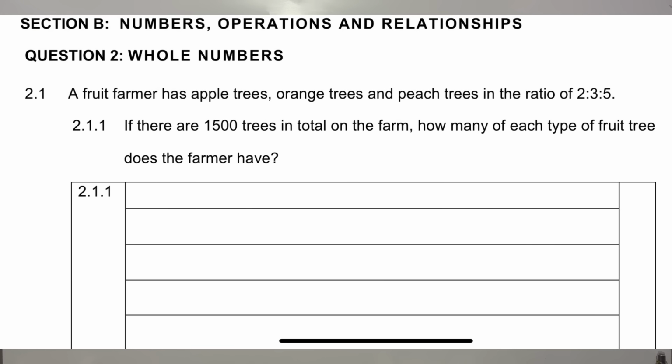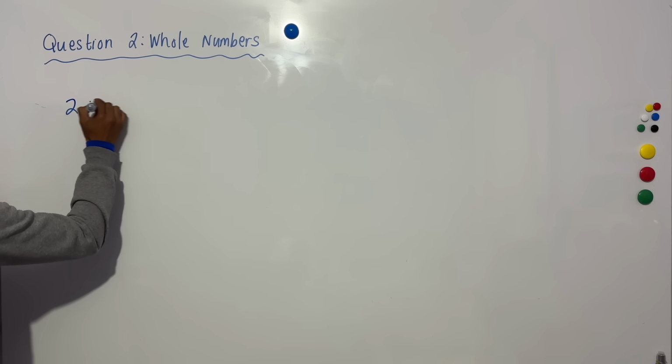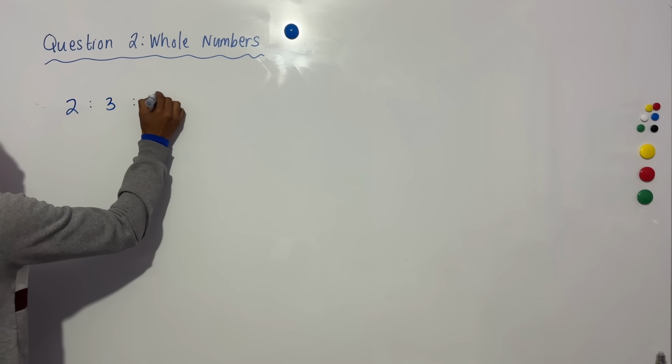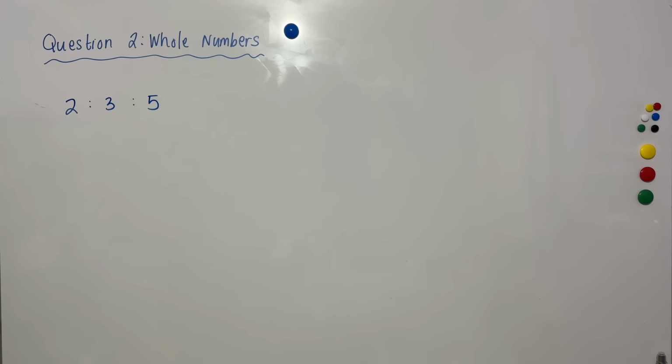A fruit farmer has apple trees, orange trees, and peach trees in the ratio 2, 3, and 5. If there are 1,500 trees in total on the farm, how many of each type of fruit tree does the farmer have? Now, we look at the ratio 2, 3, and 5.